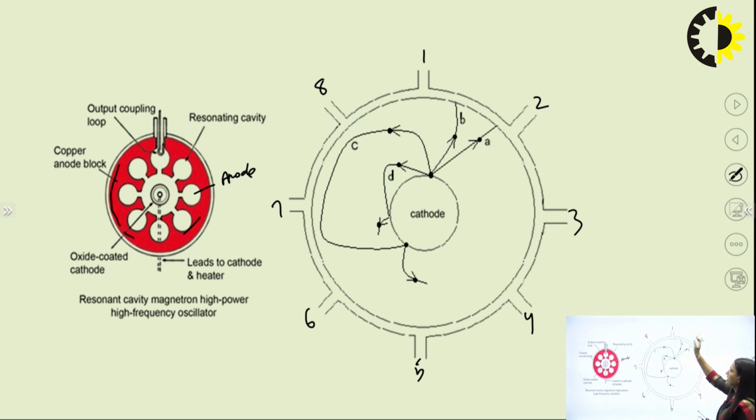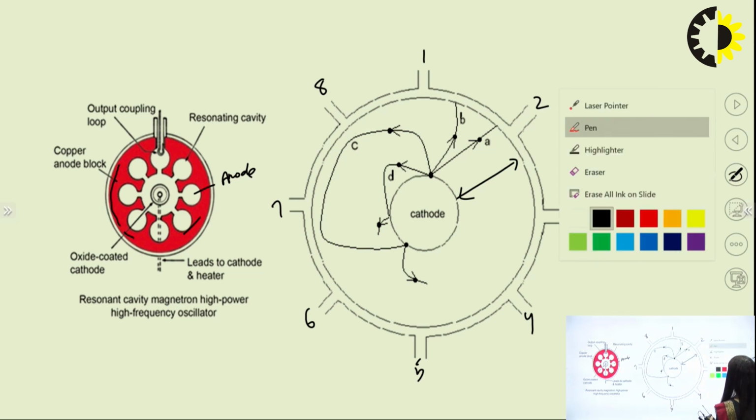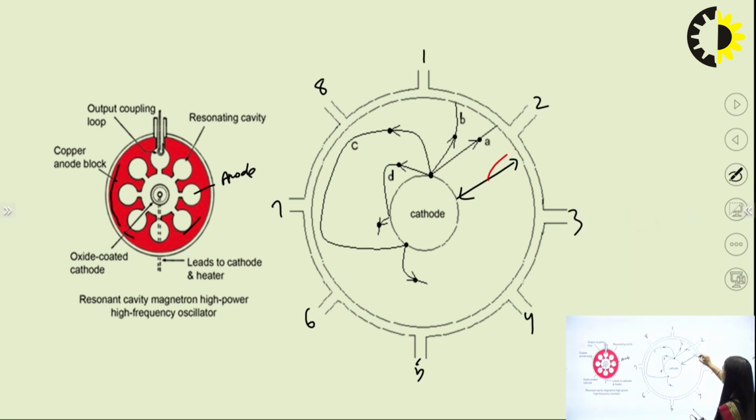So the electron has to move, and in between is the interaction space, right. This is the interaction space. It means the electron will interact in this space. The electron will interact with the magnetic field or with any RF input which is applied, only in this space.